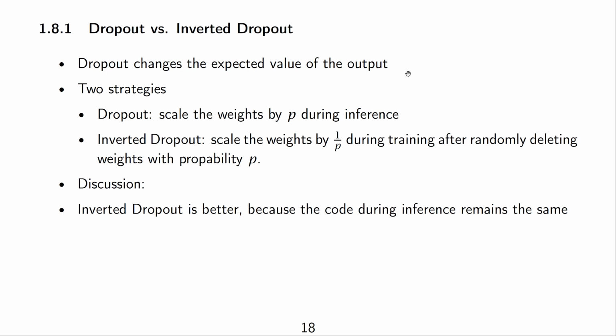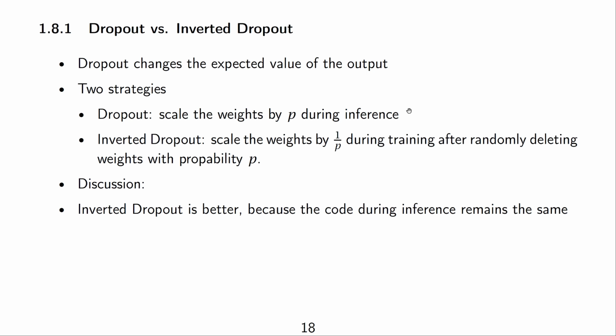So to undo this expected shrinkage of the output, we just multiply it by 1 divided by P. And since P is a value smaller than 1, 1 divided by P is greater than 1, and therefore this correction factor will make all the surviving values weighed by a larger amount.